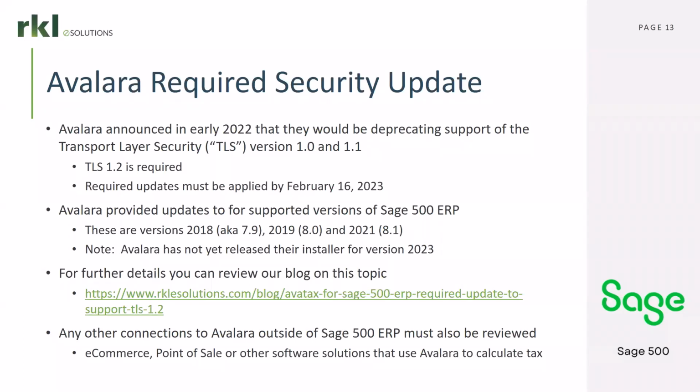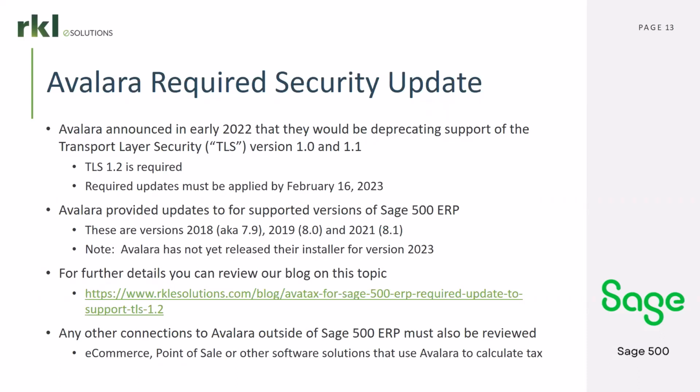It would also potentially affect anybody who's using Avalara tax calculation with other solutions, whether it be your e-commerce platform or any other type, point of sale system, etc. Each one of those that's making that real-time call to calculate tax with Avalara needs to be updated to support the new security protocol, TLS 1.2. I guess it's not really new, but they are deprecating support for the older security protocols 1.0 and 1.1.